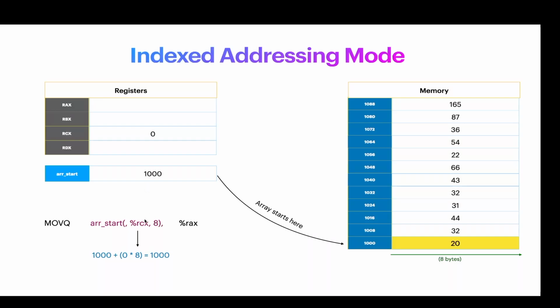RCX holds 0. So RCX is 0 times 8. This whole expression turns out to be 0. And array start is 1000. So if you add this, it comes down to 1000. So to access the 0th index of this array, go to location 1000, read the value and move it to the RAX register. If we execute this instruction, 20 gets moved to RAX. That's for index 0.